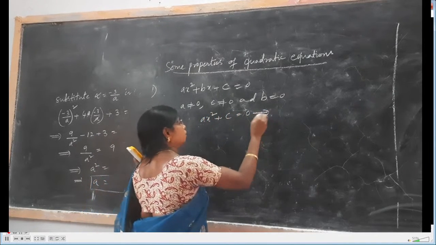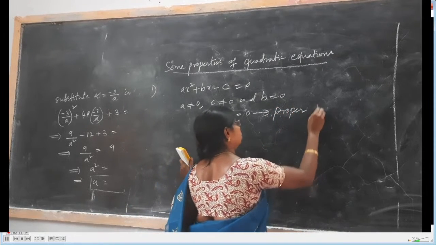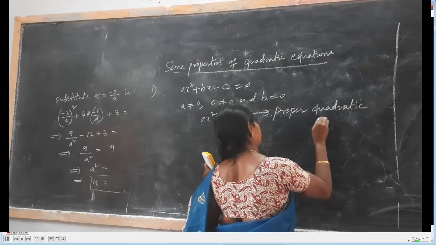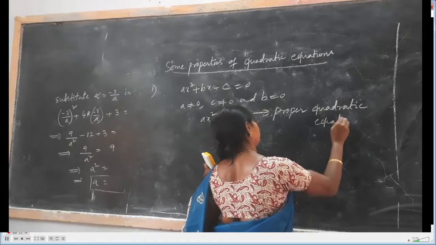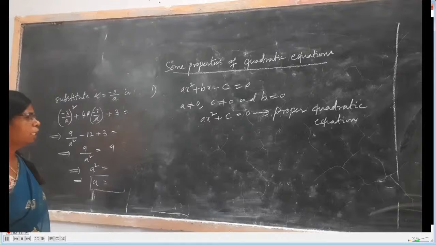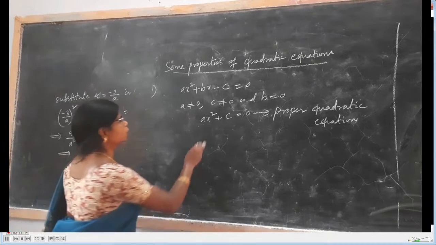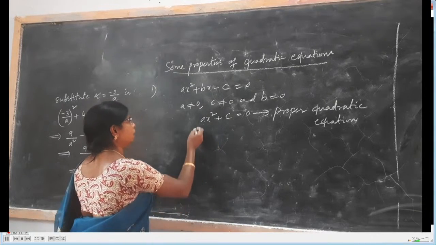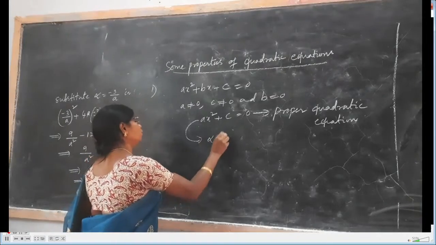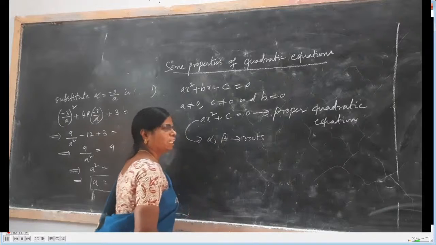This is called a proper quadratic equation. Now for this proper quadratic equation, because b is 0, suppose alpha and beta are the roots of the quadratic equation, both are roots. So how are these two roots?